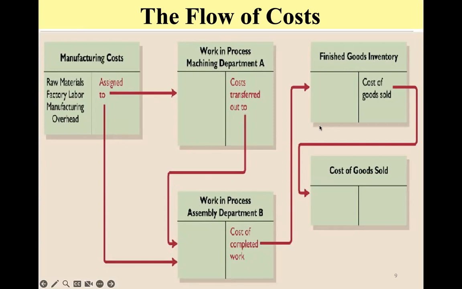Now, according to this example, there are only two processes. So by the end of the second process, the work will be completed. So we will have finished goods, right?